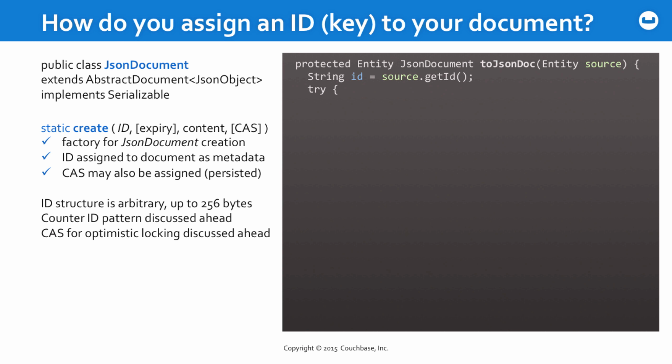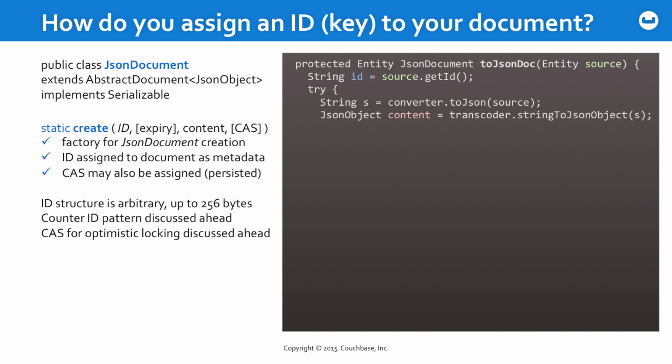So one way to go about this would be in a conversion method, for example, like the toJSON document method in your lab code. You might receive the underlying POJO, the representation of the data, inside your own code, and that may include an ID value within it. You could extract that and then convert the underlying entity, the POJO, into a string value.